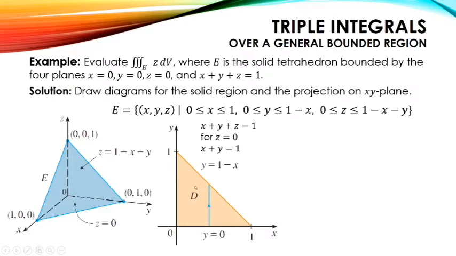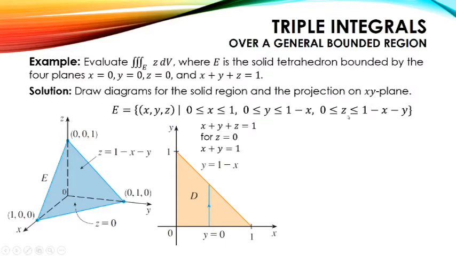So, ito yung magiging projection dun sa xy plane. So, y would be evaluated from y is equal to 0 hanggang sa y is equal to 1 minus x. And this equation is from this one. So, transpose lang natin yung x para makuha yung y is equal to 1 minus x. Yun yung upper bound ng values of y.